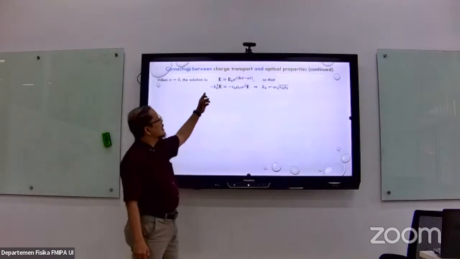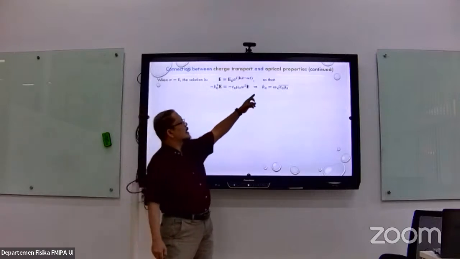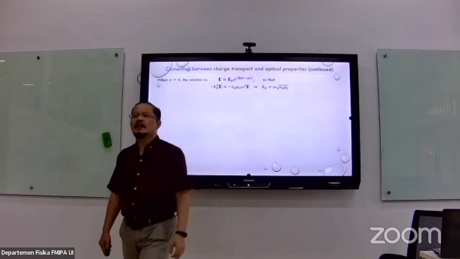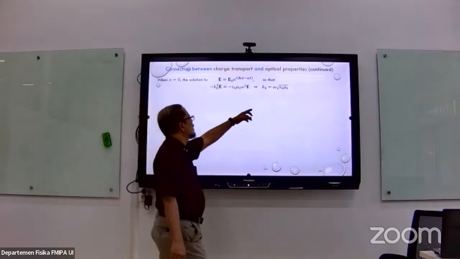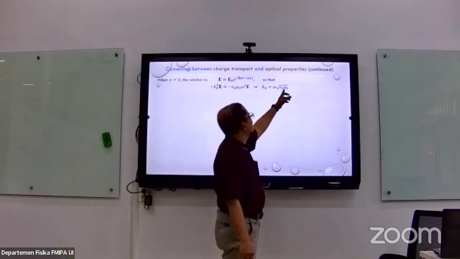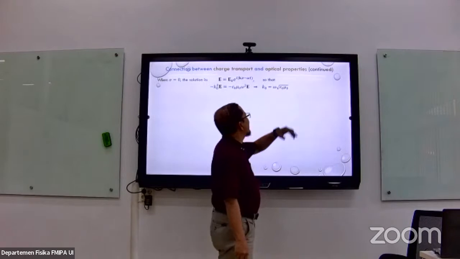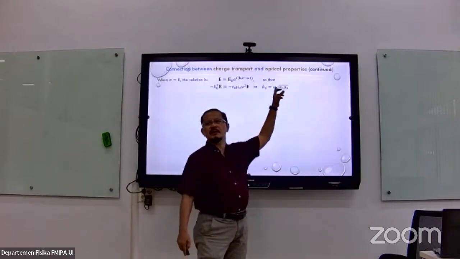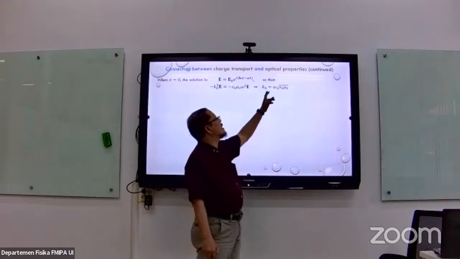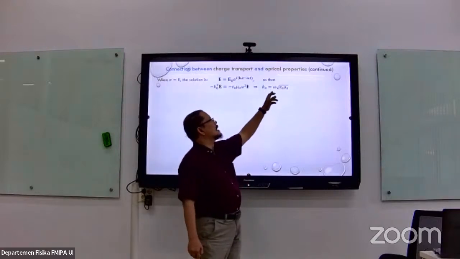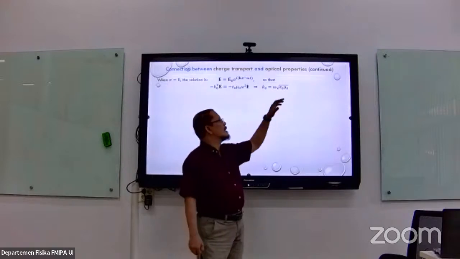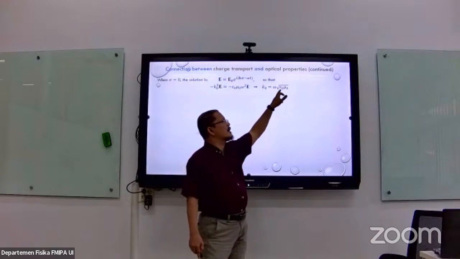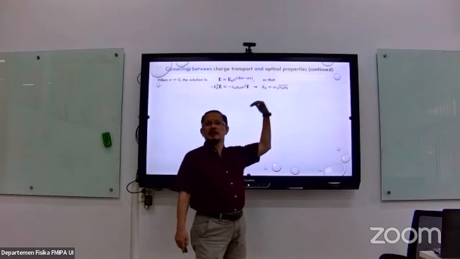And then we can conclude that the wave vector is related to the frequency and the square root of epsilon naught mu naught like this. So this is actually 1 over speed of light, right? So this is the familiar expression. I intentionally didn't write it as omega over c because I have the purpose of exploring the epsilon in the next equation.